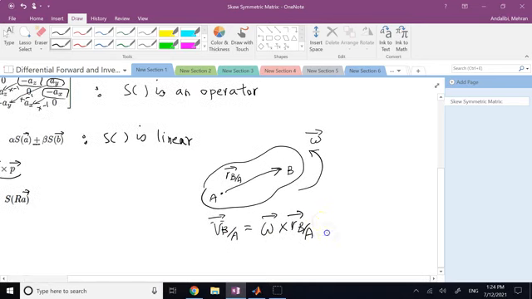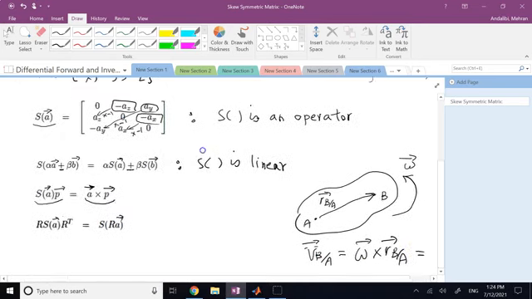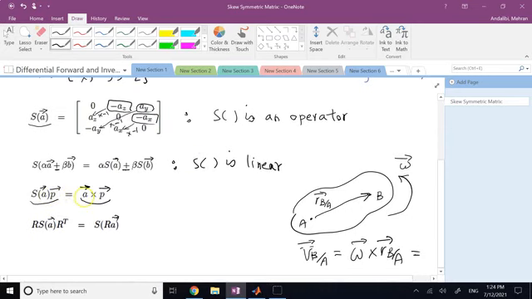So instead of writing it like that, I say, well, for me here, A acts like omega and P acts like that vector.